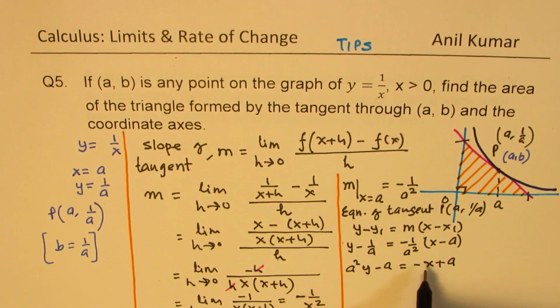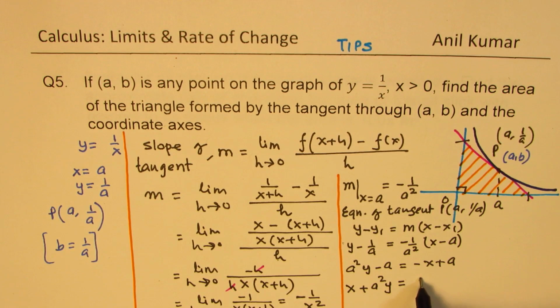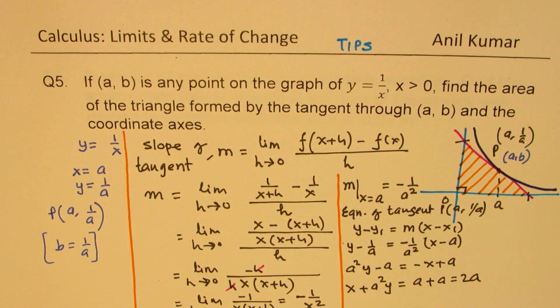Let's bring it to one side. So we get x plus a squared y equals a plus a, which is 2a, right? So that's what we get.